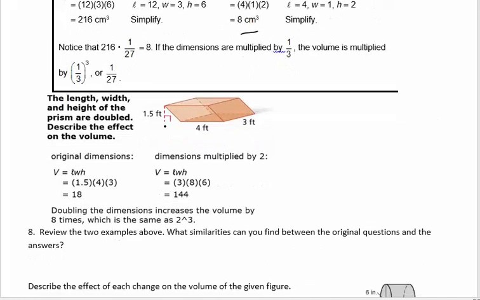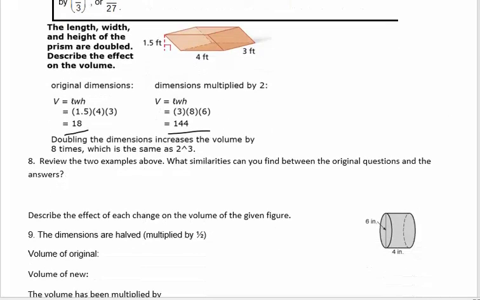And now in this example, we have a prism, and all of the dimensions are going to be doubled. So here's the original. Here it is after they were all doubled. The amount that it changes is by 8. 18 times 8 is 144, which is the same as 2 cubed. So again, that's interesting. So for number 8, you're going to say what's interesting about these 2 examples.